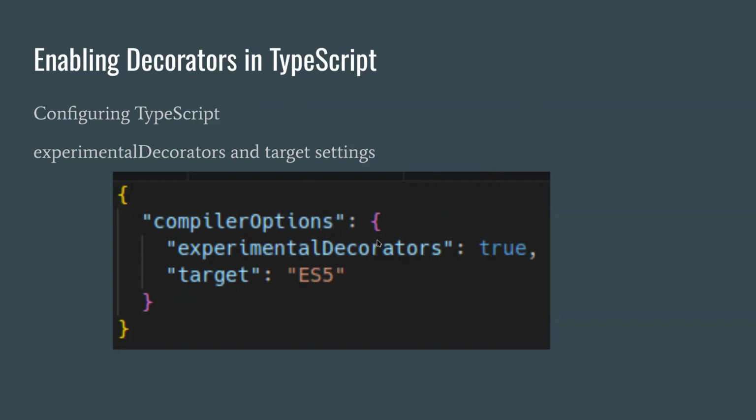So by setting this to true, it alerts the TypeScript compiler that we will be using the experimental decorator syntax, and the target needs to be set to ES5 or higher because decorators leverage capabilities that are part of ES5 and above.